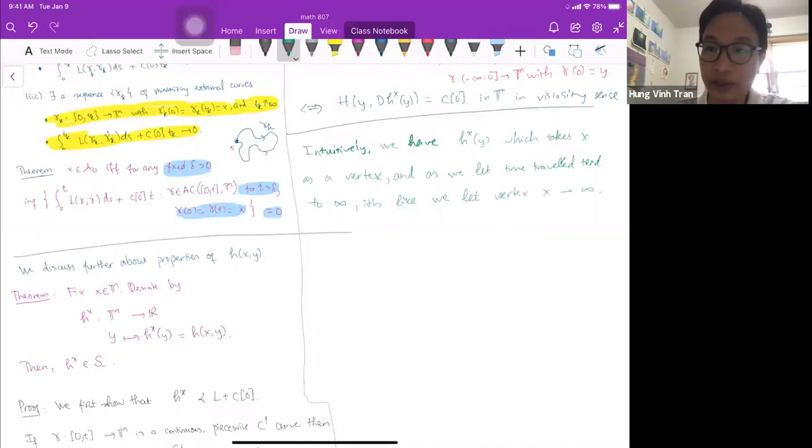This is a very vague statement, but what I'm thinking about the function is the following.